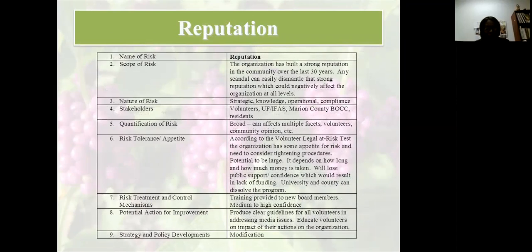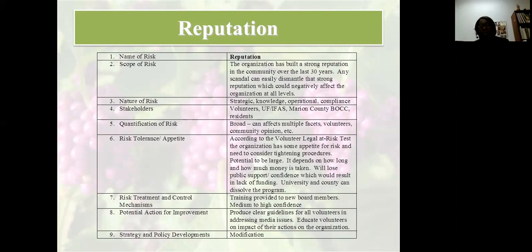Then, of course, reputation. And we spend years building our reputation in the community. And so when you talk about Marion County Master Gardeners, people will say a lot of good things about us, near and far. However, if we have one bad thing happen to us that can cause harm to our reputation, then all those years of hard work goes down the drain.